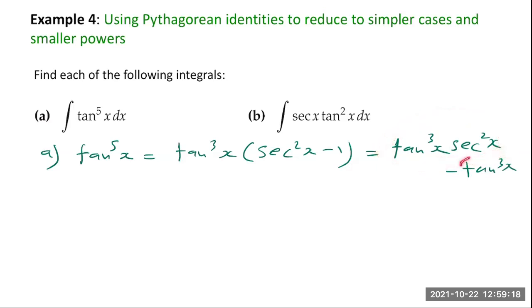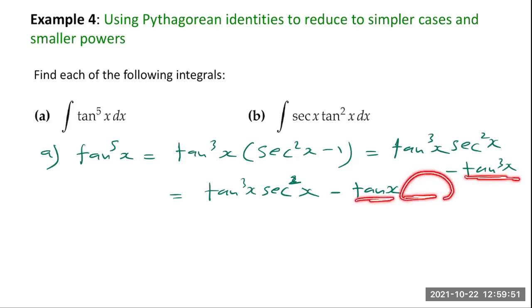And then here, this looks still a little different. That's something that we have not seen, but again we can do a small modification for this one. I leave tan cube x secant squared x as it is, and then minus, I'm going to write this as tan x times tan squared x.